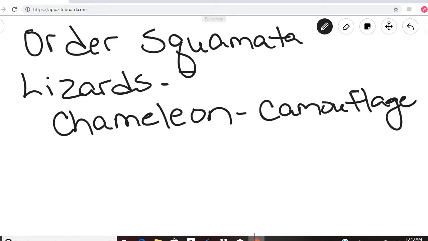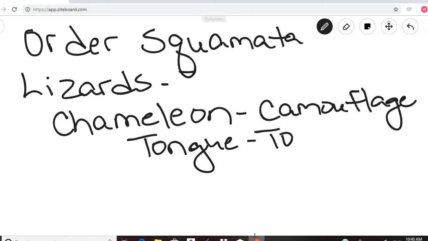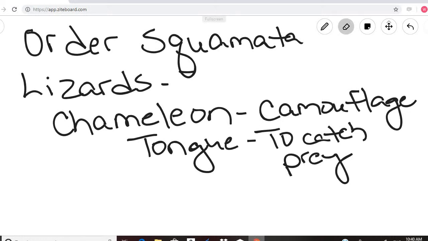The chameleons have a very long tongue, and they use that tongue to catch prey. In some chameleons, their tongues can be longer than their bodies. So chameleons are very interesting creatures. Okay, so that's the lizard.